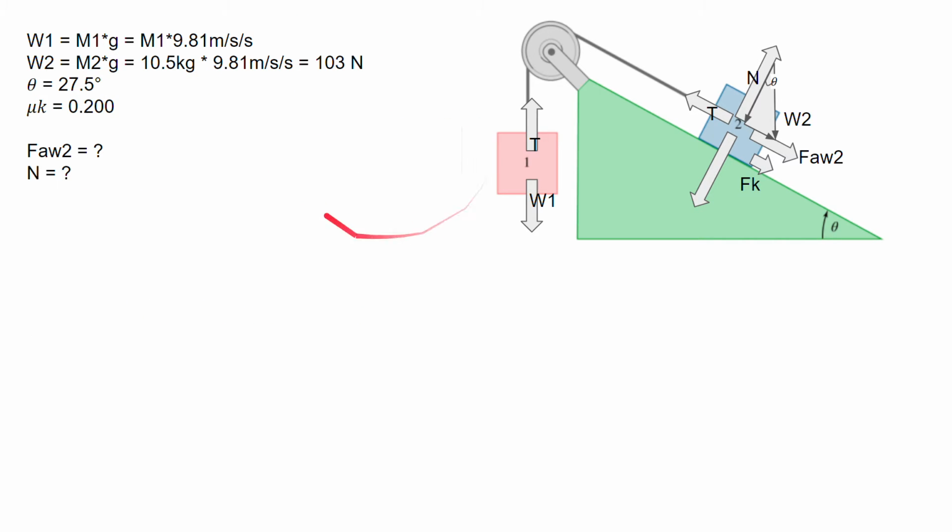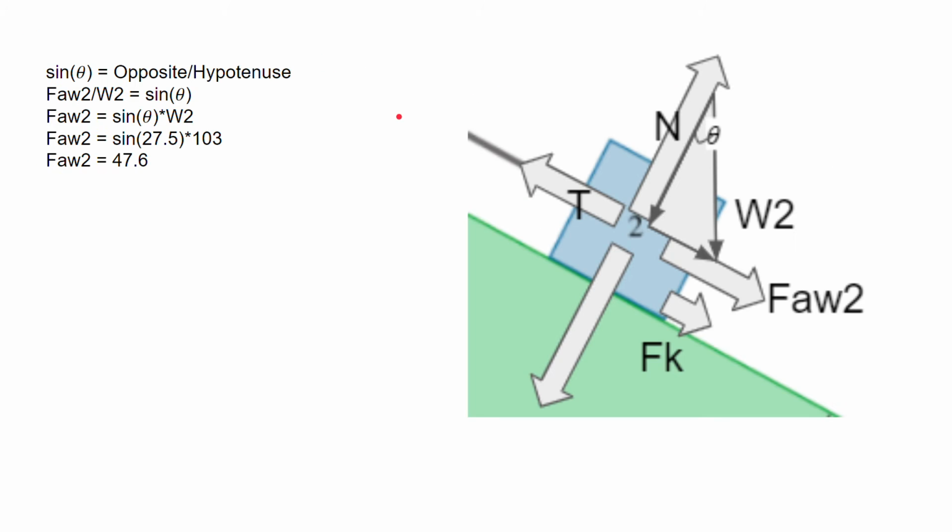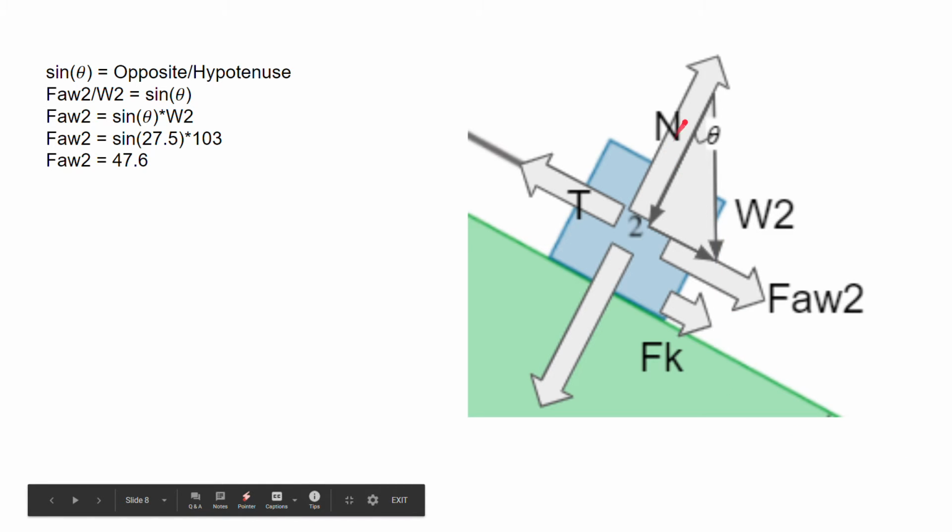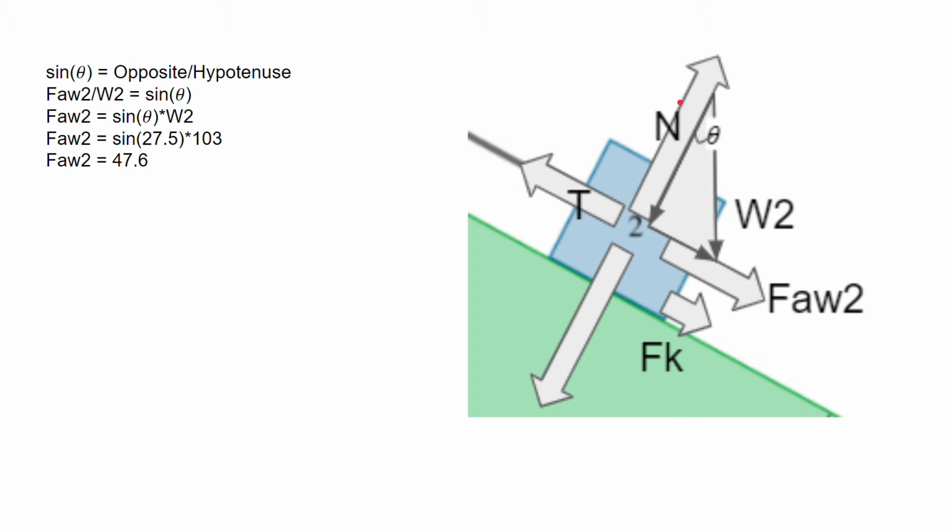Now that we have all of that, we need to ask a few questions. What is the magnitude of FAW2, and what is the magnitude of N? And those are going to be basically the same question, which we know because of this triangle. So since we know that this angle theta is going to be the same as that angle theta due to the law of triangles, we can use that in order to find the magnitude of this FAW2 force, since we know that it is a component of this weight, and we know that the angle that affects the components of this weight is theta.